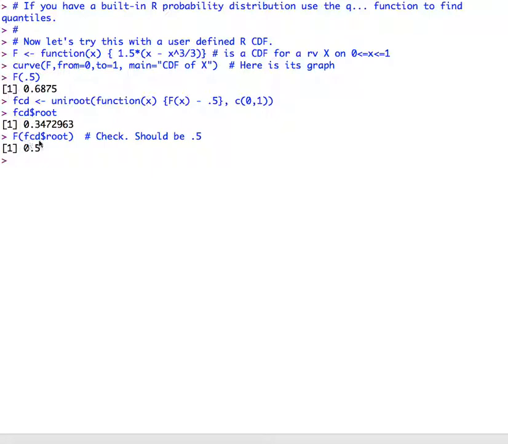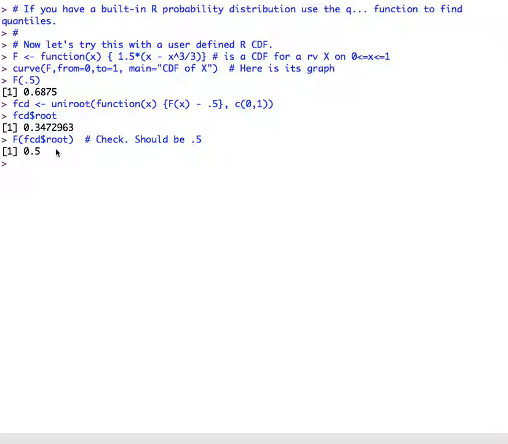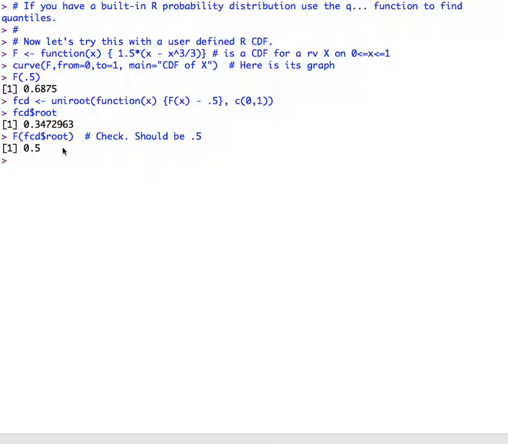And if I give big F of the root, at least to the accuracy of R, it looks like I got the exact median. And this is how you could use uniroot to solve for roots of simple equations, especially for percentiles for continuous distributions in R.